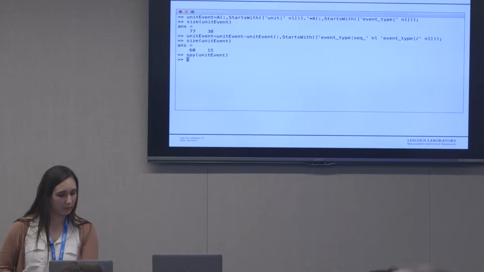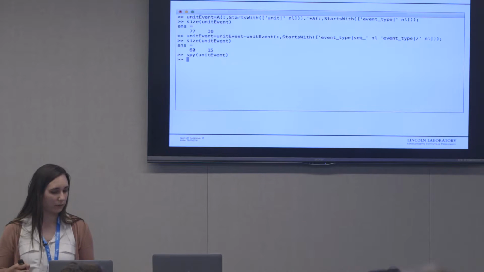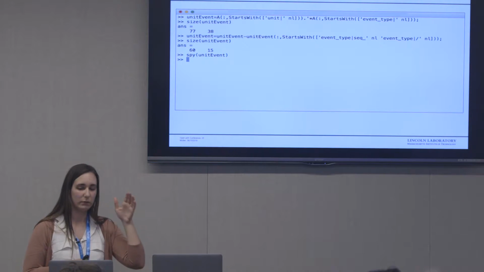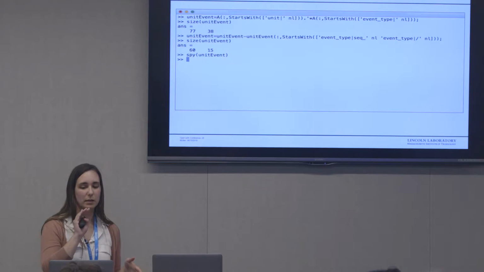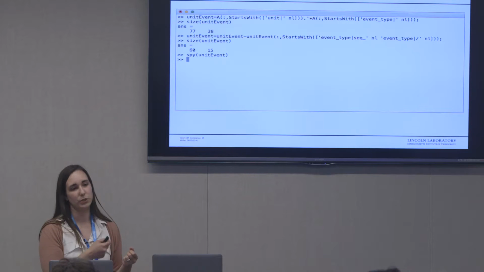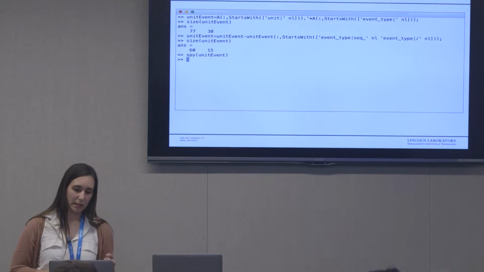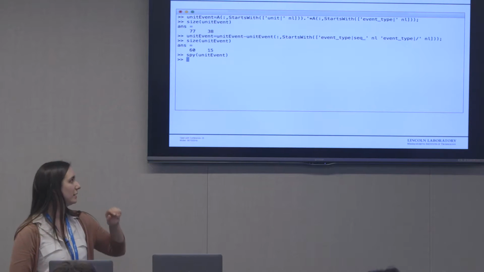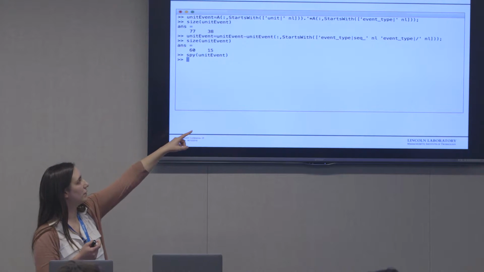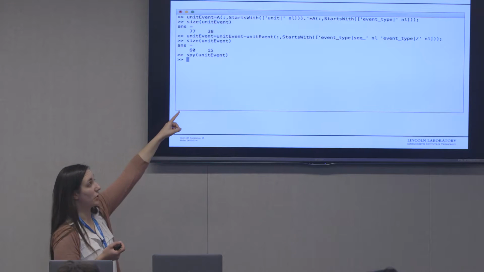Now we're creating another graph that has one vertex type, the unit, and the other one, the event type. So we're looking at what events are occurring on which units. Since we've already captured the unit change events, we're removing those using subtraction, essentially.